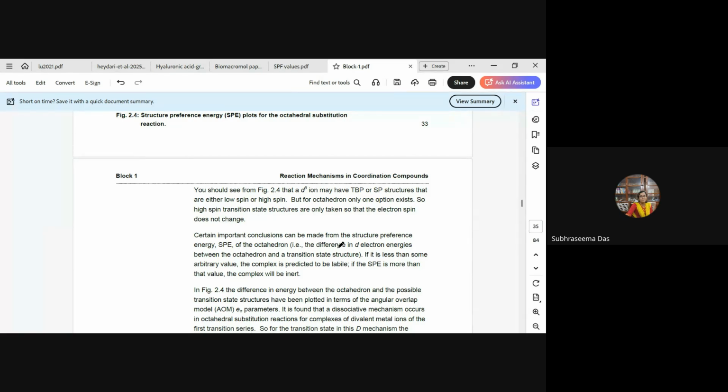But for the octahedron, only one option exists. The high spin transition state structures are only taken so that the electron spin doesn't change.